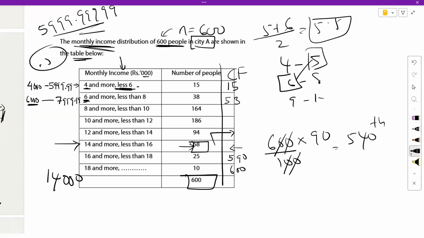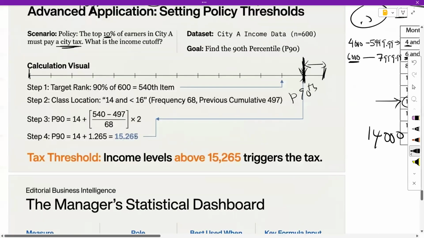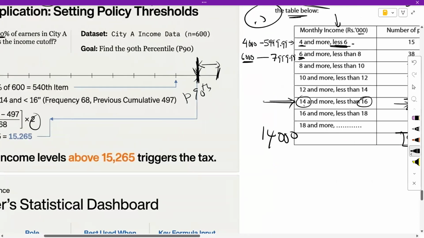It's 2,000. This class is 14 to 16, 16 minus 14, 2,000. When we apply this formula, yes, 14,000 exactly.